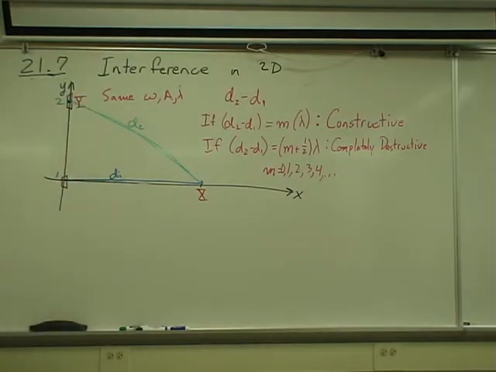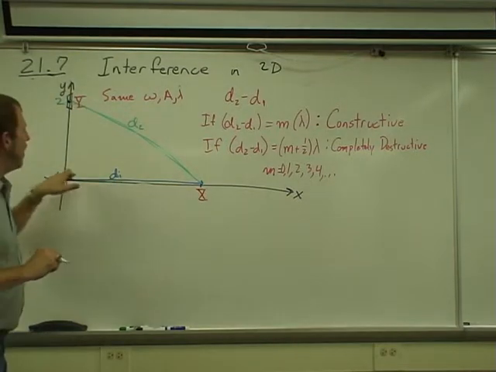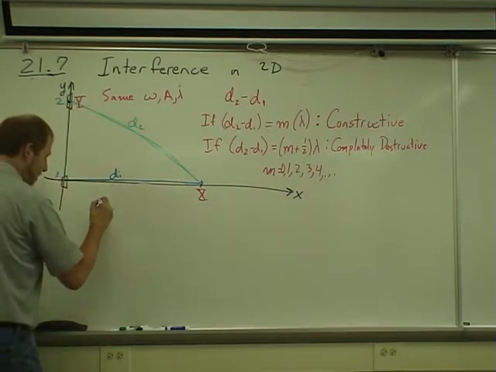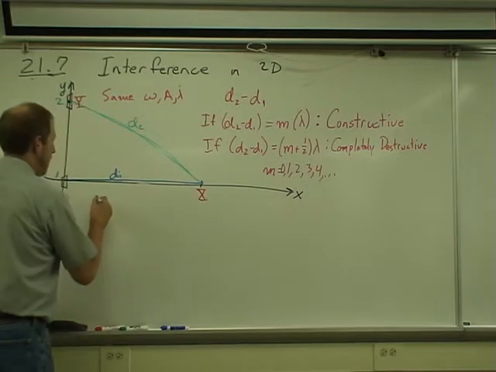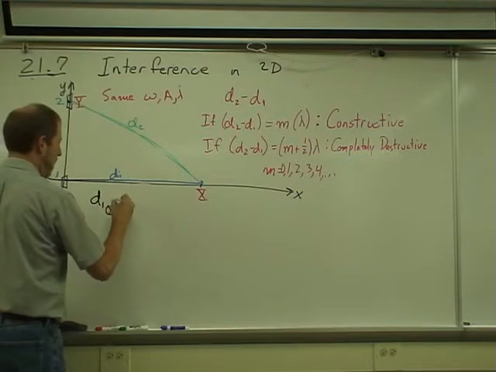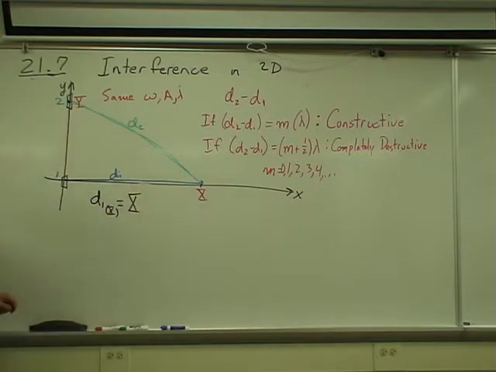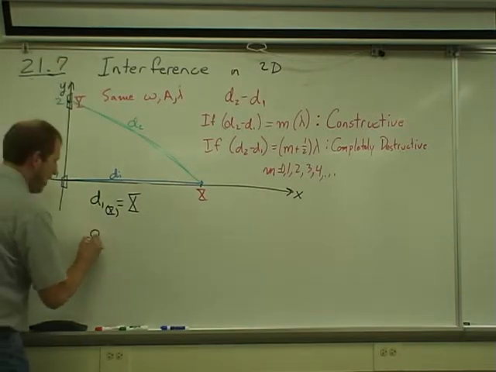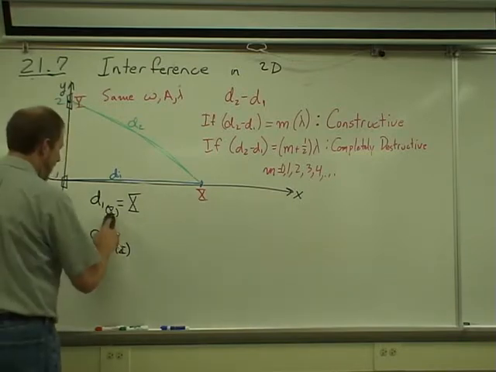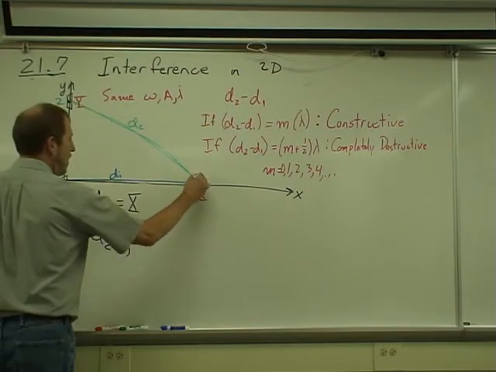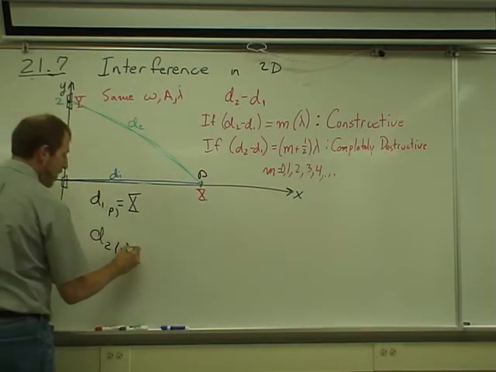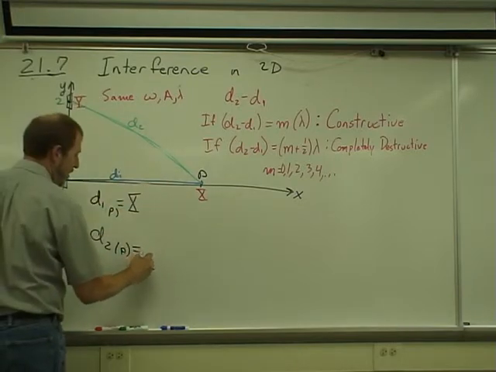and that point capital Y, then the distance from the speaker to X is just equal to that distance in the X direction. But, oh, let me just say, call that point P. The distance from the second speaker to point P will be, well, the hypotenuse of that triangle.